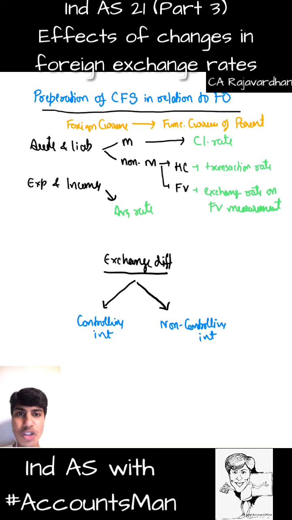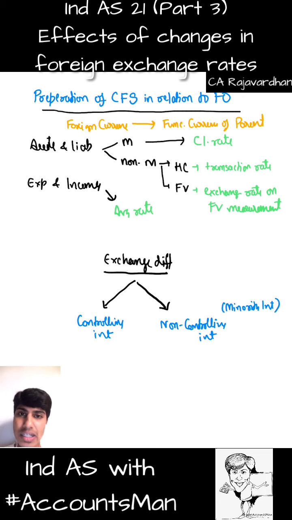If you have read consolidation, you might have understood this. When I say non-controlling interest, I am referring to minority interest. Now I would be writing minority interest share in the equity, minority interest share in the other equity, pre and post both, to show in my balance sheet. Along with that, I would have to adjust this exchange difference also.